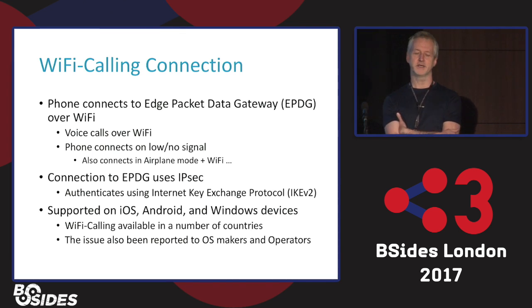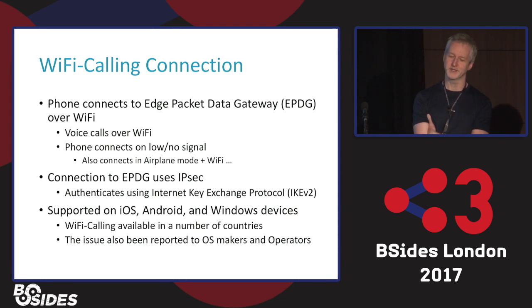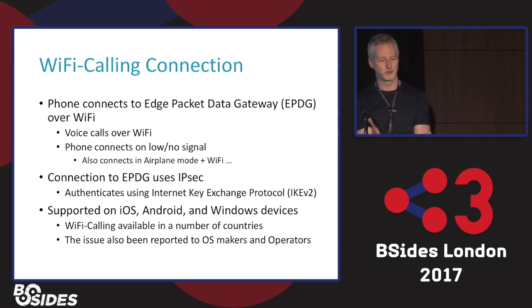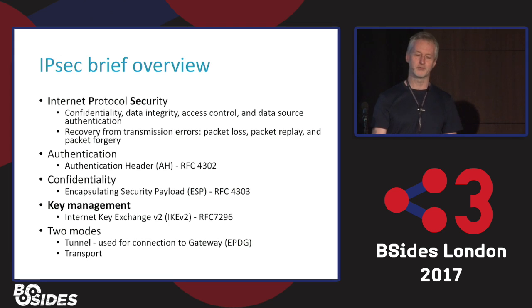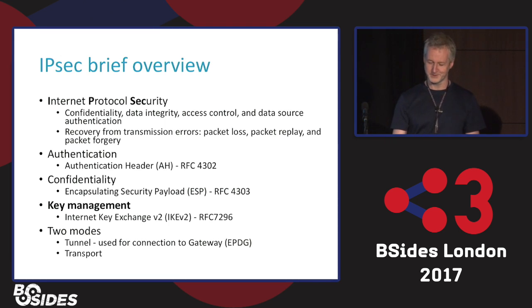The connection to the Edge Packet Data Gateway uses IPsec and authenticates using IKE v2, and it's supported on iOS, Android, and Windows, and I also mentioned this issue to them.